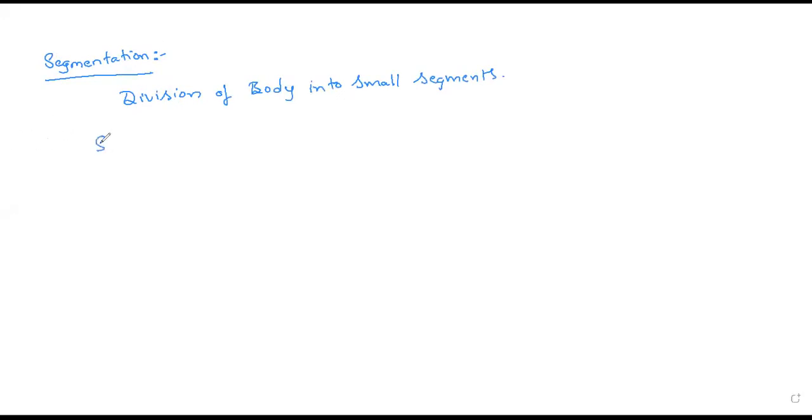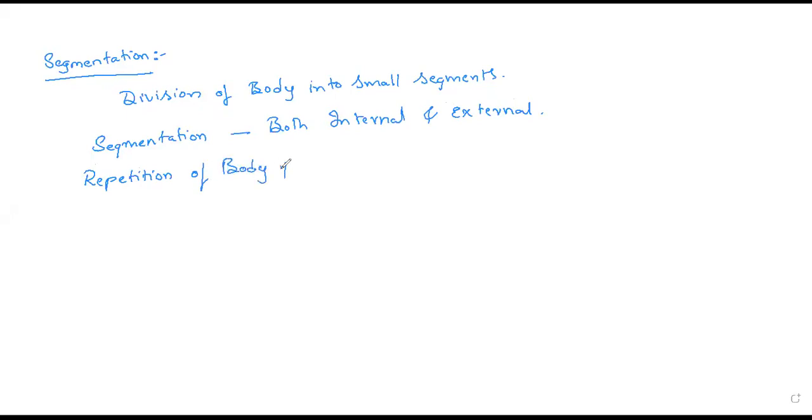Segmentation is both internal and external. We can see internal segmentation and also external segmentation. Then repetition of body parts in all the segments is called metamerism.